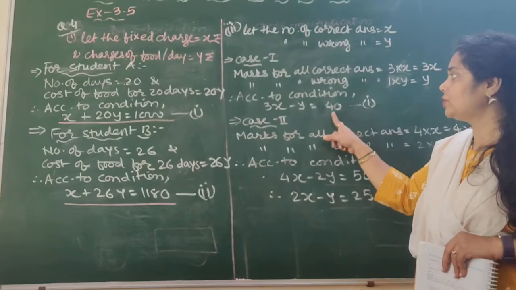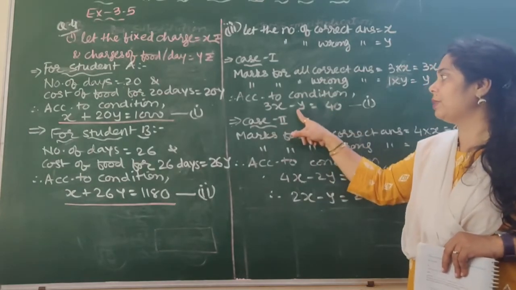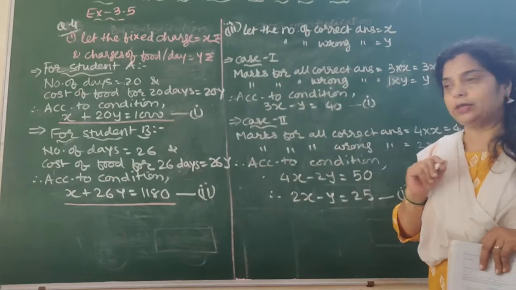According to the condition, he scored 40 marks. So 3x minus y is equal to 40.